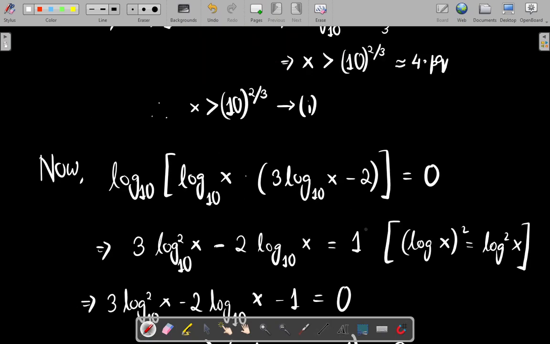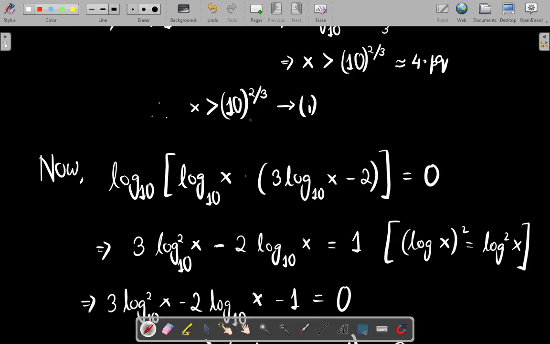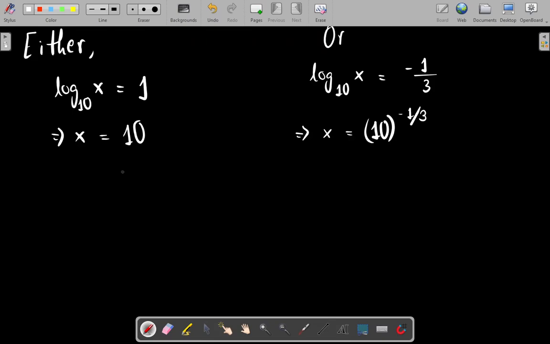Now we have to see which of these two values also satisfy equation 1. 10 to the power 2 by 3 is approximately 4 point something. Now x equal to 10 is already satisfying condition 1, as it is already greater than 10 to the power 2 by 3.